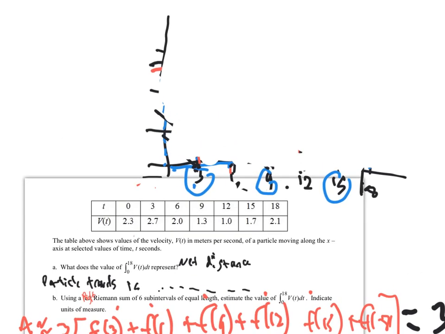So now 0, 2.3 was important. 3, 2.7. Let me try to erase that. It won't let me. Oh, I didn't hit it. It's 2.7. It's up there. Then a 2 for the 6.